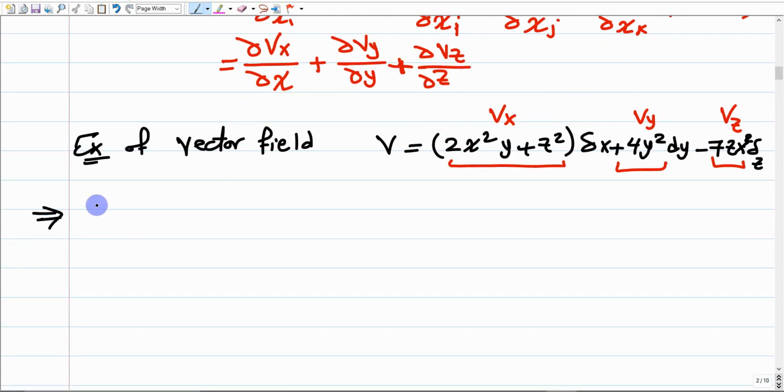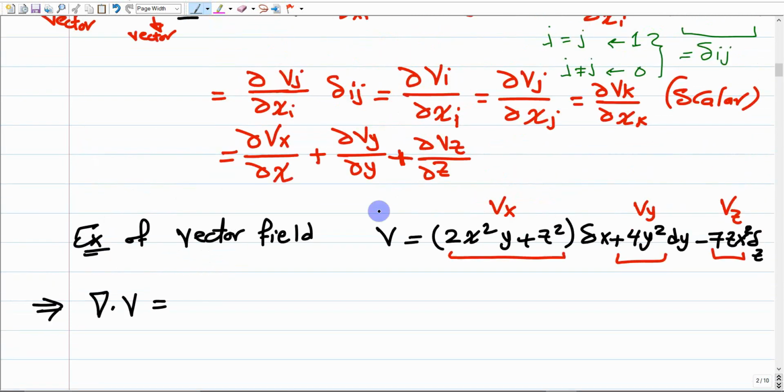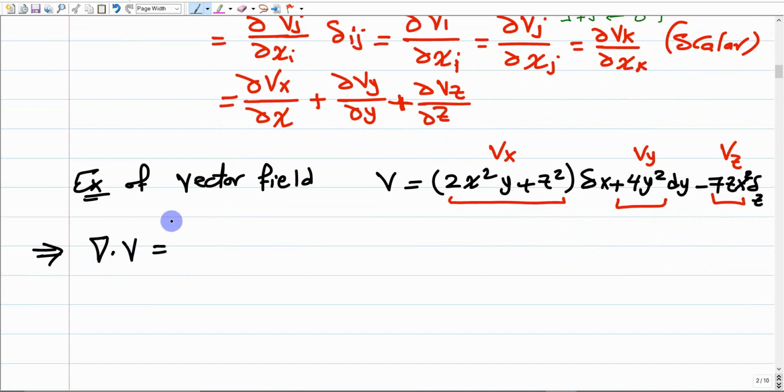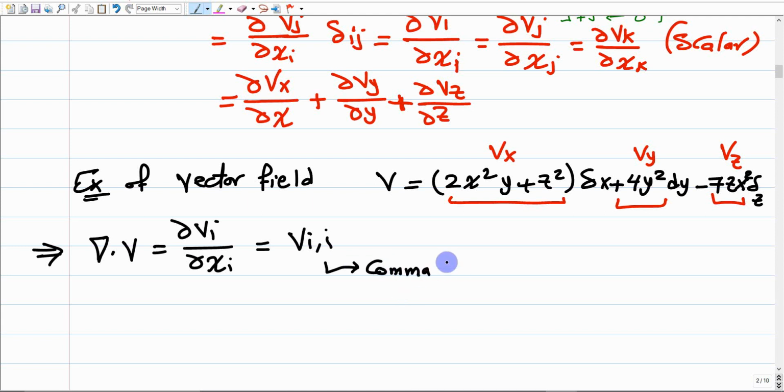We agreed that nabla dot v equals this form, which is partial vi by partial xi, right? I can write this as vi comma i. This comma indicates a derivative. It is equivalent to saying partial by partial xi.